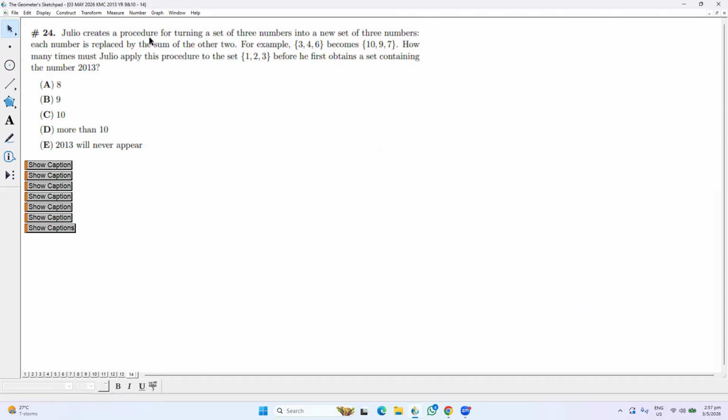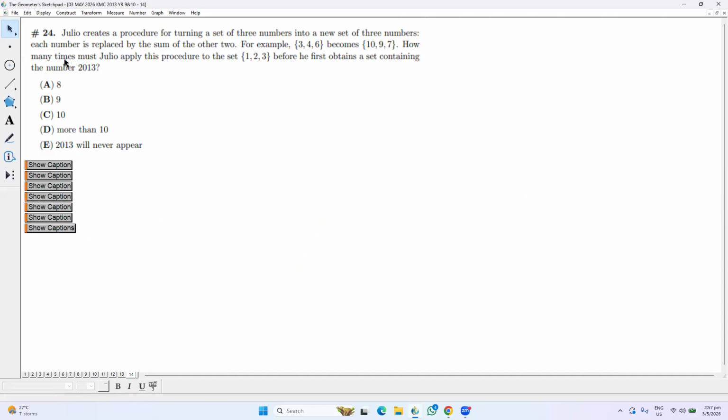Okay, Julio creates a procedure for turning a set of 3 numbers into a new set of 3 numbers. Each number is replaced by the sum of the other 2. For example, 3, 4, 6: you get 4 plus 6 is 10, 3 plus 6 is 9, and 3 plus 4 is 7. So you get a new set of 3 numbers.